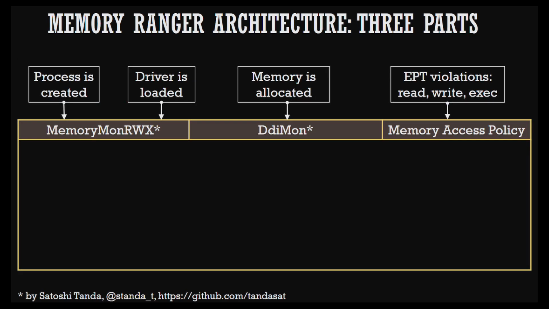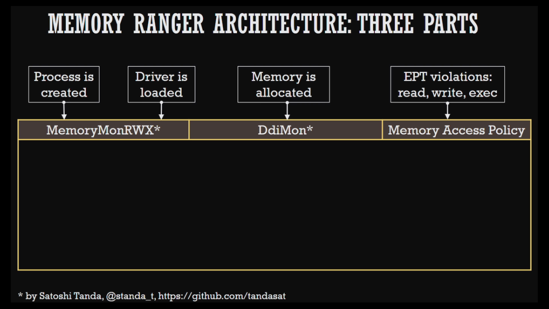MemoryRanger includes the following three parts: MemoryMon RWX, which is on the left, the central component DDIMon, and the final one, Memory Access Policy. The first two parts were developed by Satoshi Tanda, a genius researcher from Japan, during our collaboration.